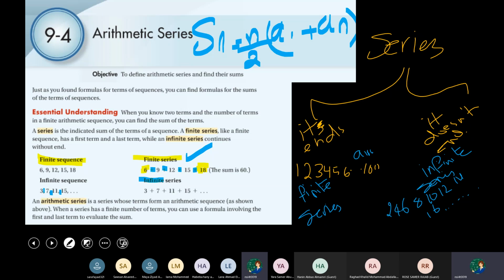So if I want to find the summation of a finite series, I need only the first term and the last term, and here I can find both, so it's easy for me to find the summation of the terms. But for the infinite, I have the first term, but I don't have the last term. So I'm sorry, I cannot find the summation of an infinite series.